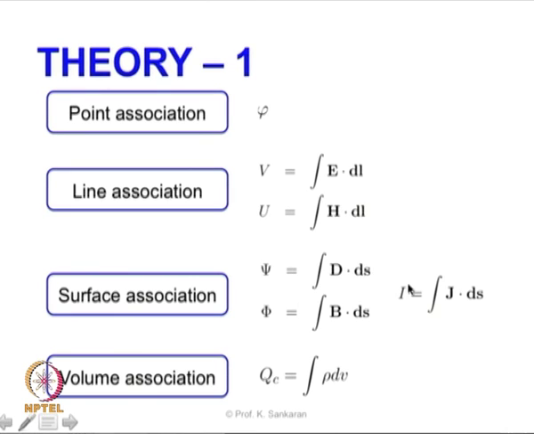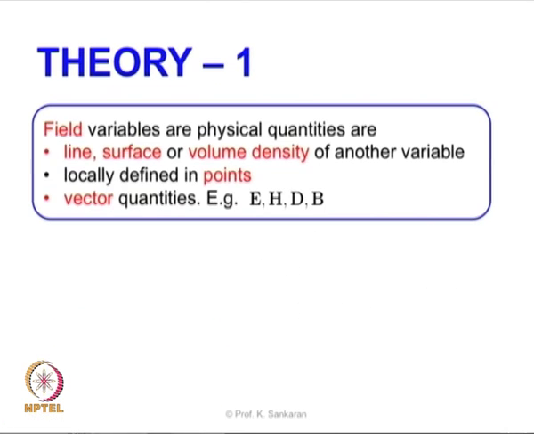So what we have got here is that field variables are physical quantities and they are associated with the line, surface or volume density of another variable.